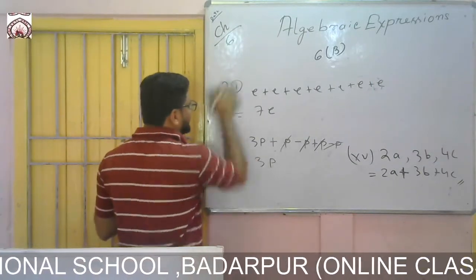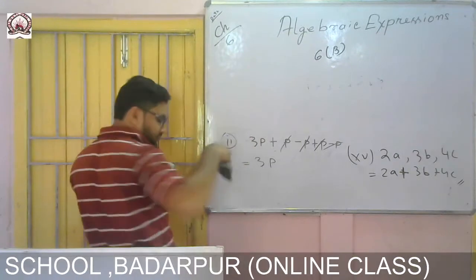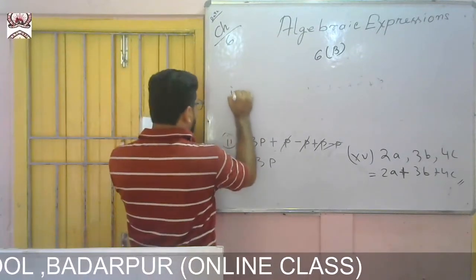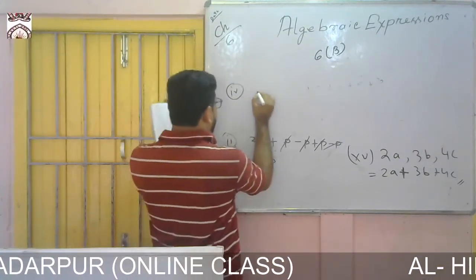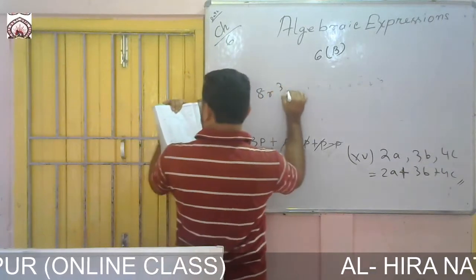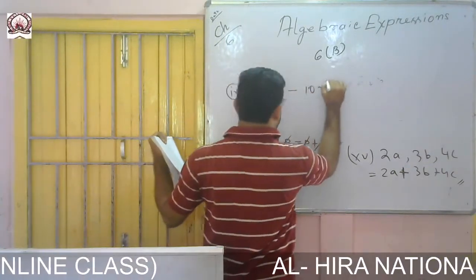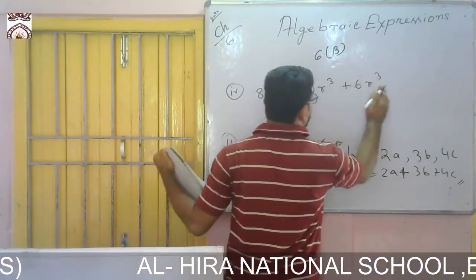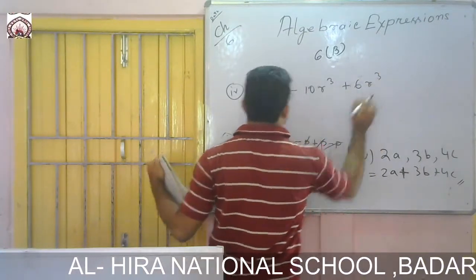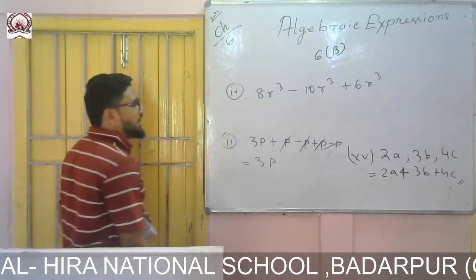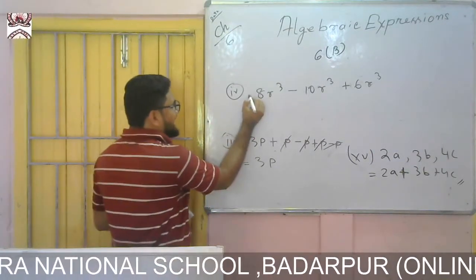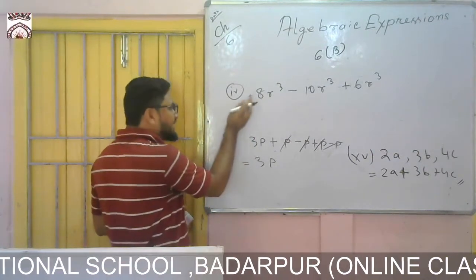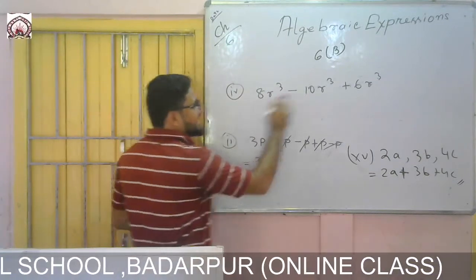Now come to question number 4. Question number 4, what is there? 8r cube minus 10r cube plus 6r cube. Here there is no sign given, that means plus is there. So plus 8 and plus 6.